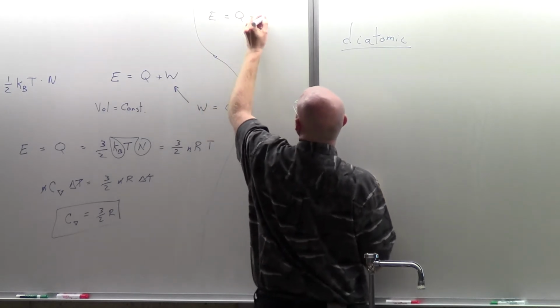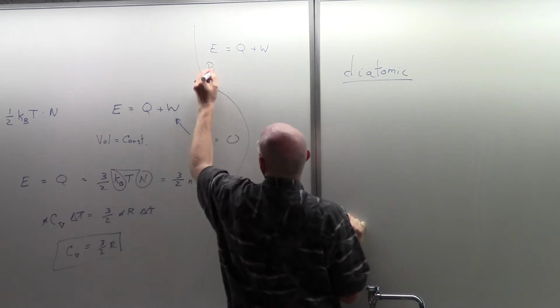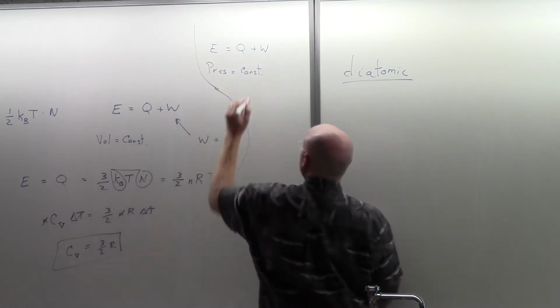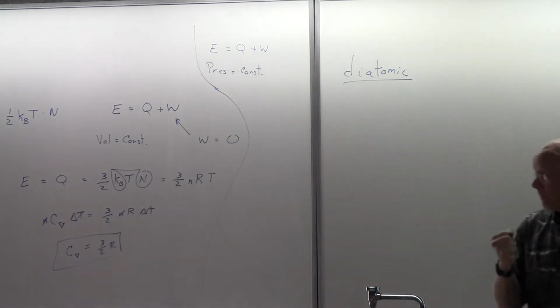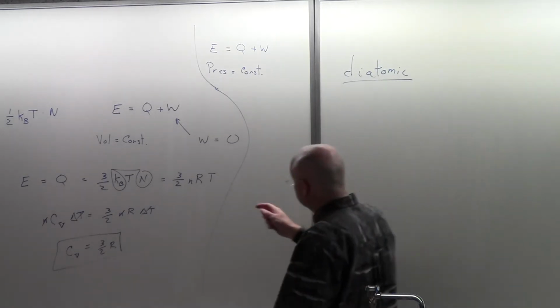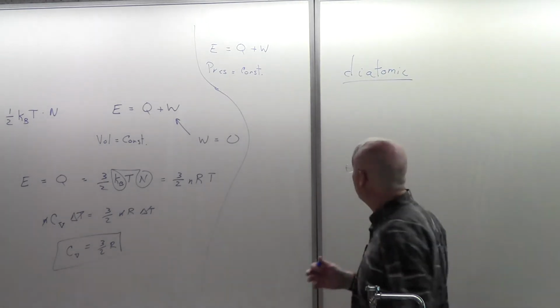If I redo this row, it's going to be a little tight here, but E equals Q plus W. If we now take the pressure and hold the pressure constant, what's different in here? Well, this time there is a little bit of work, right?